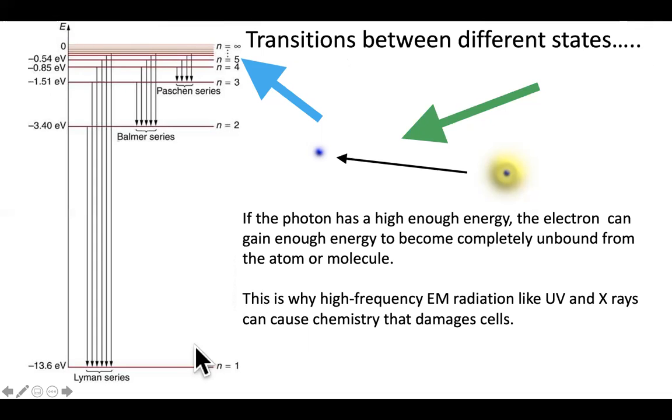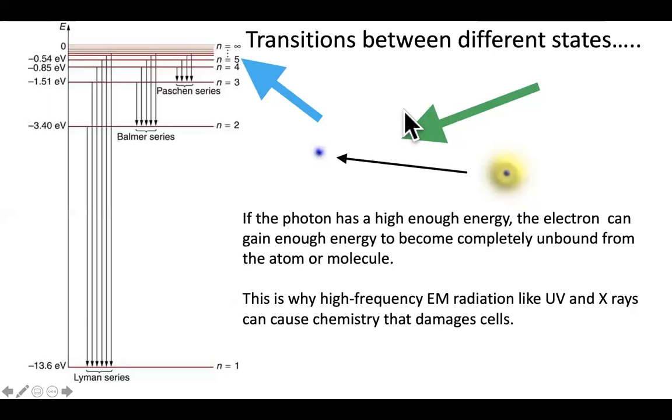It could give it enough energy to escape the nucleus. So if this has enough energy, more than 13.6, that electron goes from being bound to the nucleus to being completely unbound. This is ionization.